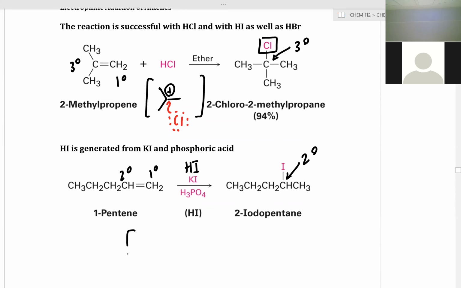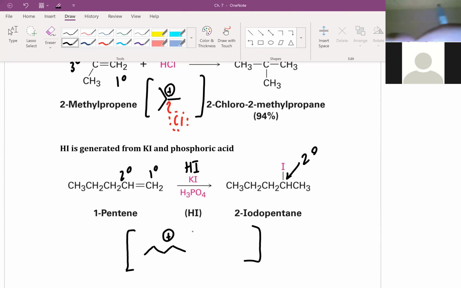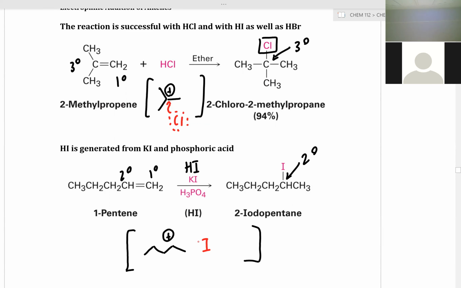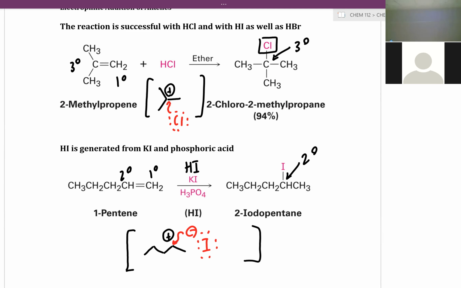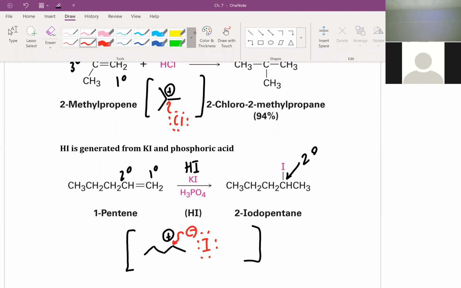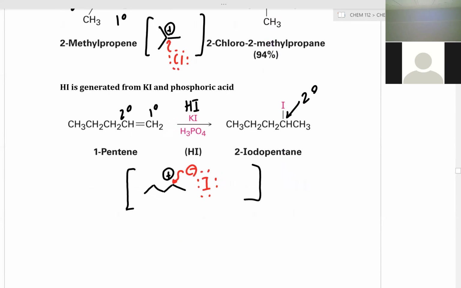And that implies we're going through an intermediate where we have a secondary carbocation that is then attacked by our halogen. The halogen adds to the location of our carbocation. Perfect. Okay, so we're beginning to establish some trends here.